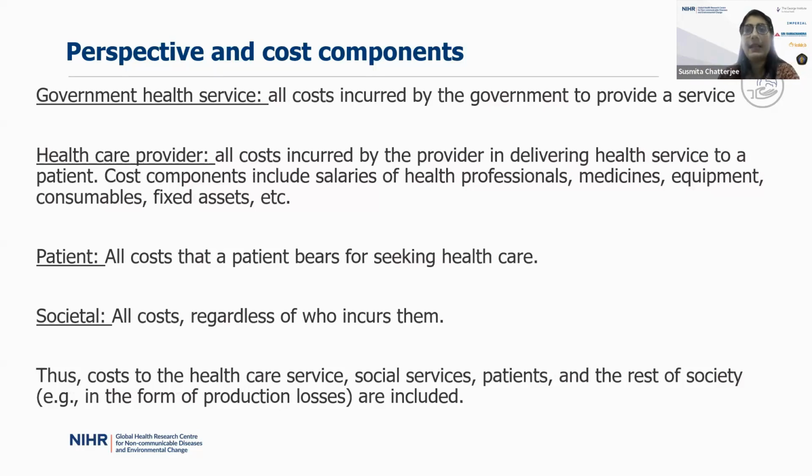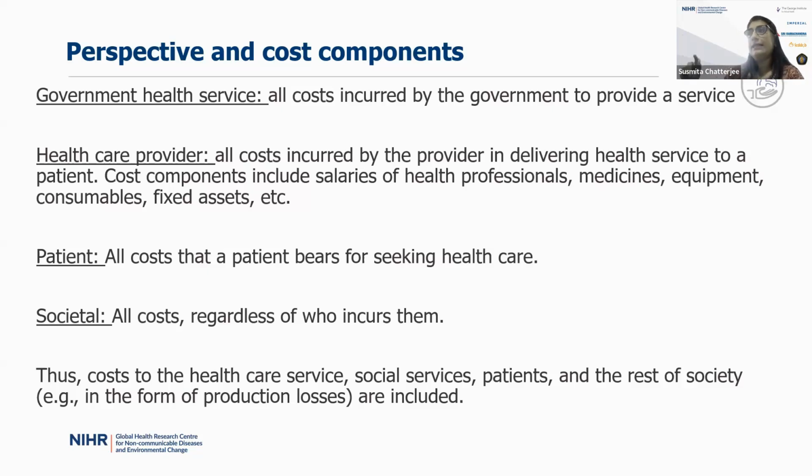When I gave you the example of the COVID-19 vaccination, you thought about the whole vaccination program, and you were thinking about what government did. Government did IEC, and for the whole country, government did that. If you are interested in doing this kind of analysis, it is a government perspective, like government health service perspective, because you are covering everything, starting from the central level and going down to the community.